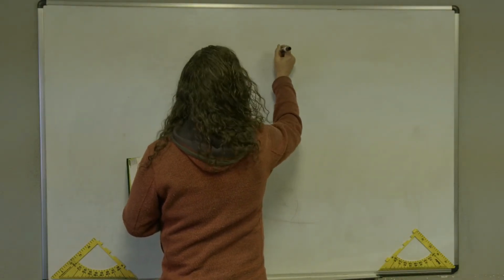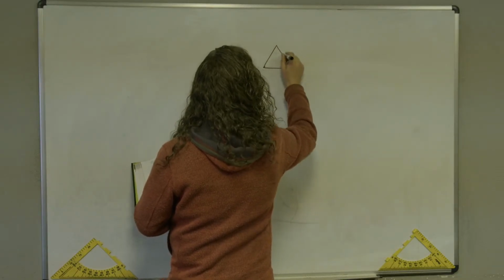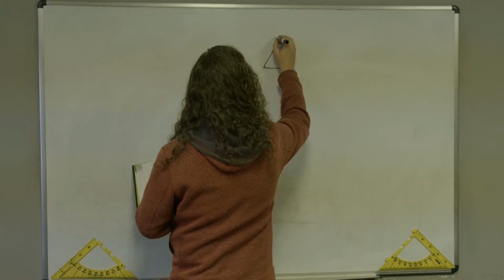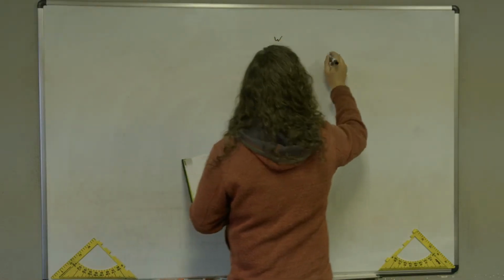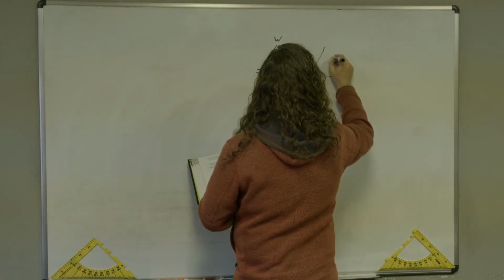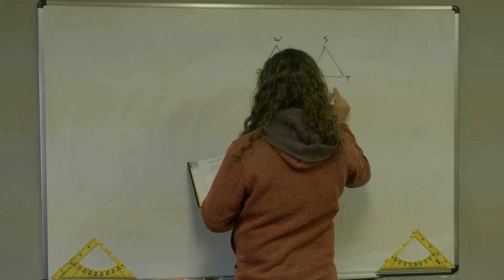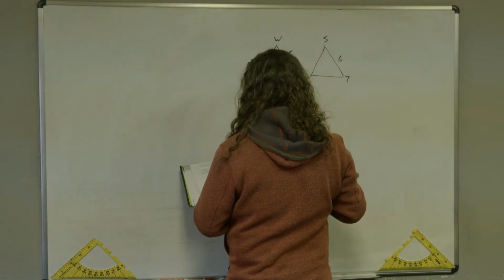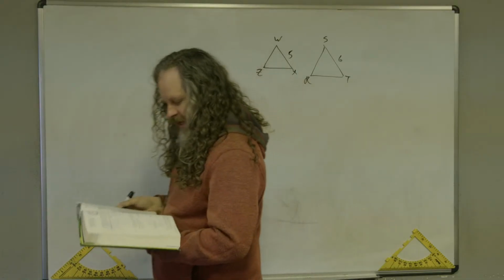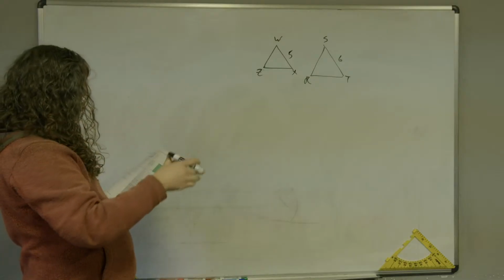So we've got triangle WZX and triangle SRT. This is a 6 and this is a 5. And up in the instructions, it says the triangles are similar. It says the stuff that's already written there.